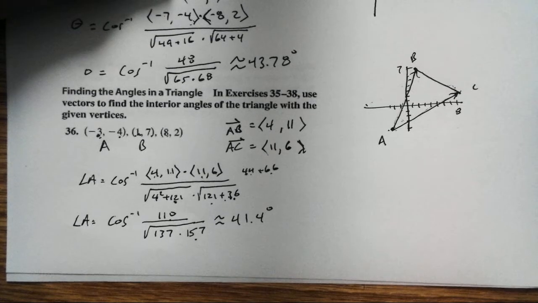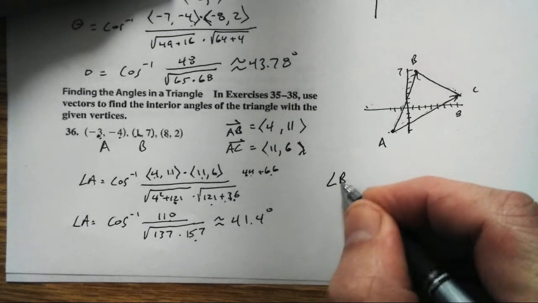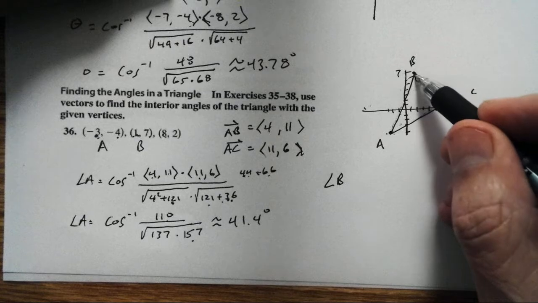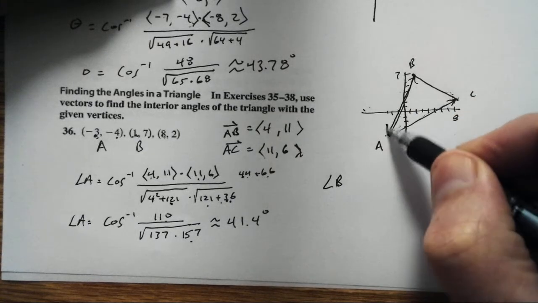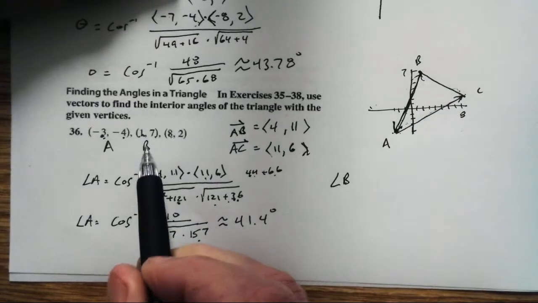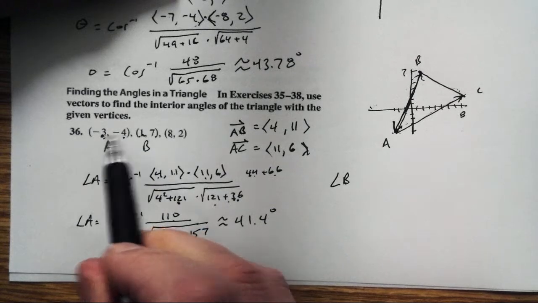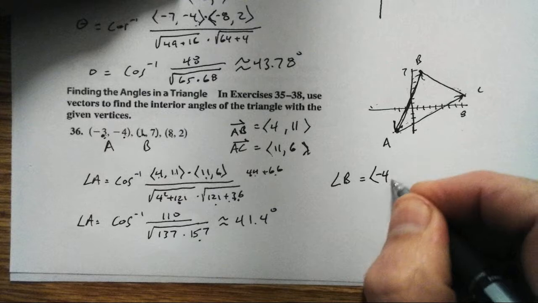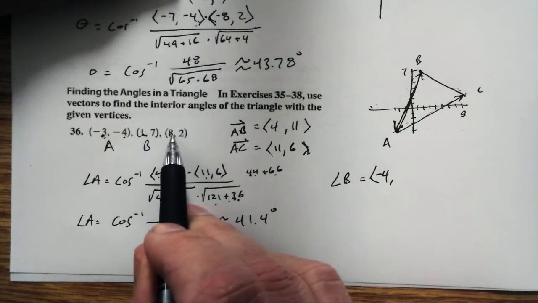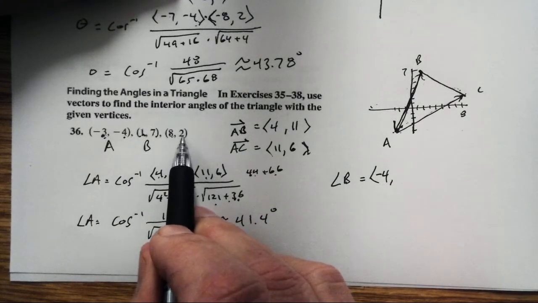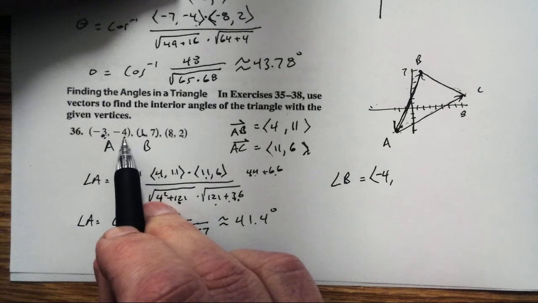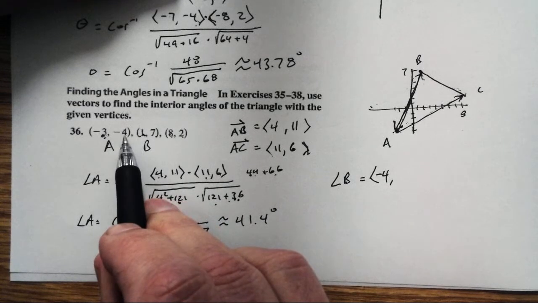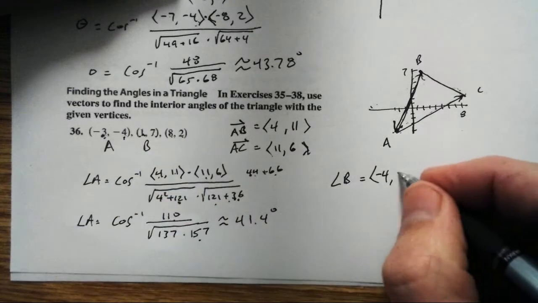I'm going to get the ball rolling on this one. Let's go for angle B. For angle B, I need this vector. It's going backwards. To get from B back to A, the x's went down 4, or left 4. The y's went from 7 to negative 4, down 11.